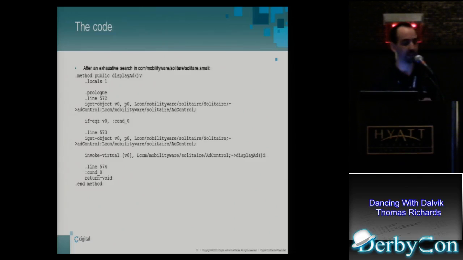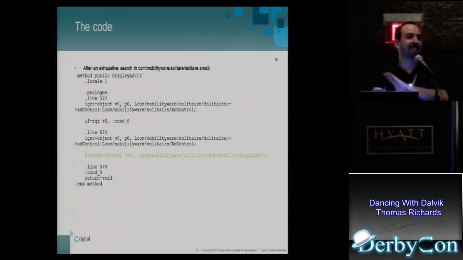After an extensive search, I found this piece of the code in one of the small files, and it was calling a nice function called display ad. Wonder what that does. Hooray, descriptive function names. So let's just comment that out, right? It's not going to call the ad function at all. So you put a pound sign in front of it, and it turns into a comment, right?